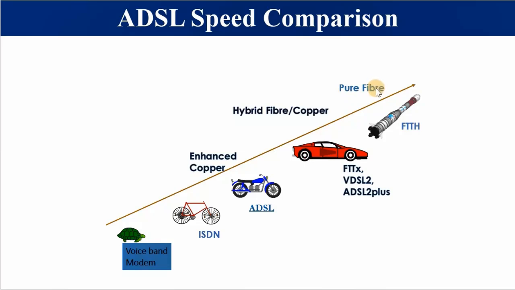There is no copper or UTP, hence you can see this speed is the fastest. So please take note that ADSL speed is better than these two, but when we include a portion of fiber into our ADSL network, it will surpass these speeds.